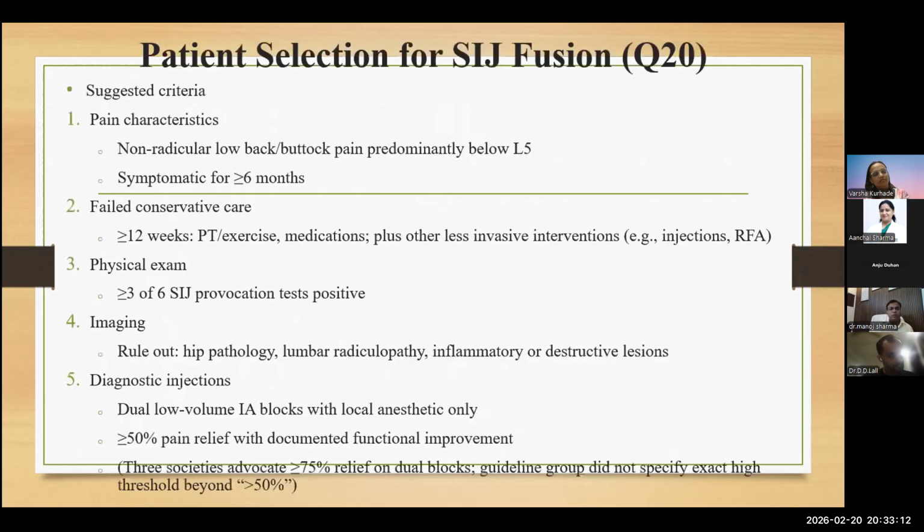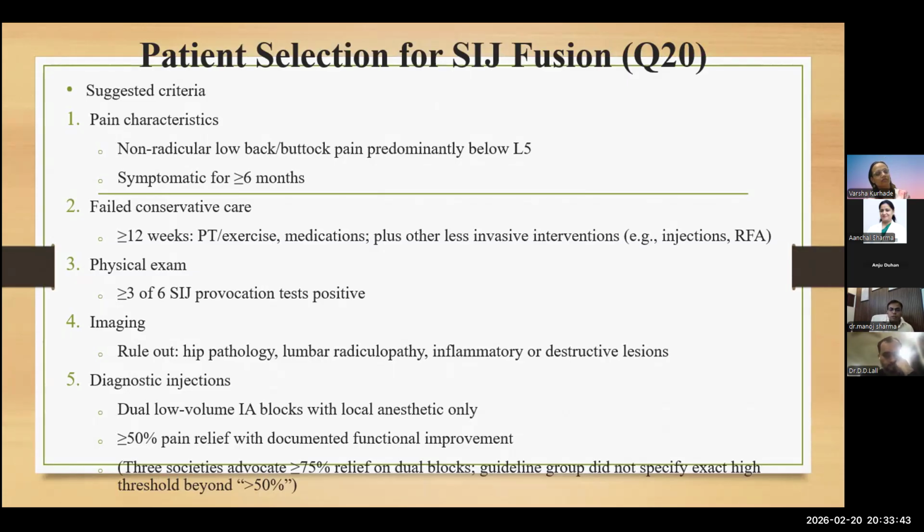So for considering fusion options for patients, these are the criteria. First is pain characteristic: pain should be non-radicular, predominantly below L5 in the low back or buttock, and the patient should be symptomatic for more than or equal to 6 months. And there should be failed conservative options like physiotherapy, exercise, medication, even less invasive techniques like injections or RFA.